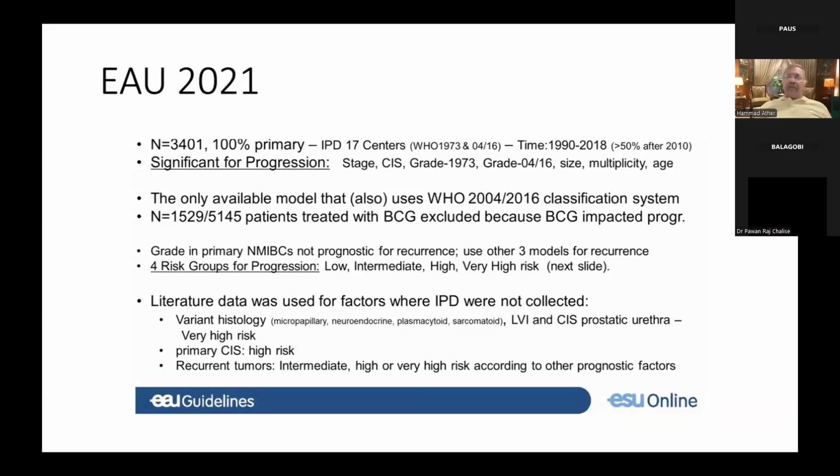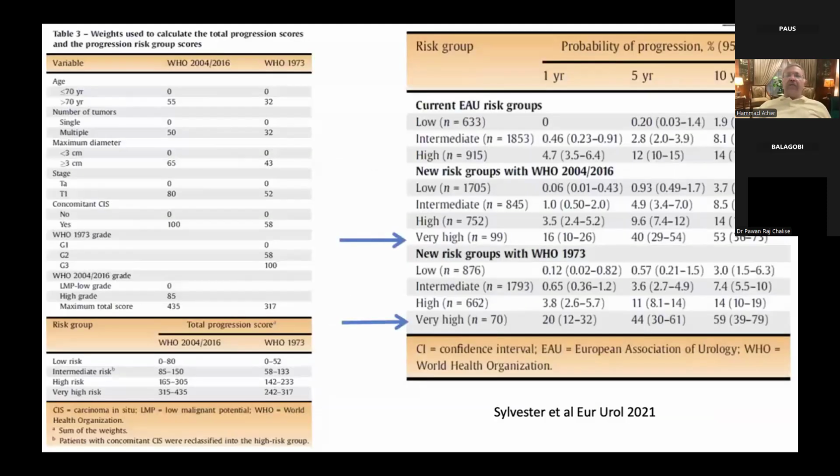So a specific category was created, which was very high risk. Primary CIS was considered high risk. So now, since the last 3 years, we have a classification system which is low, intermediate, high, and the new classification, very high risk.